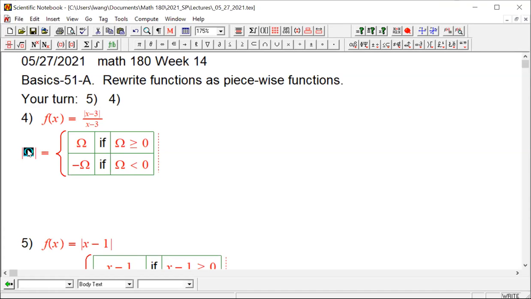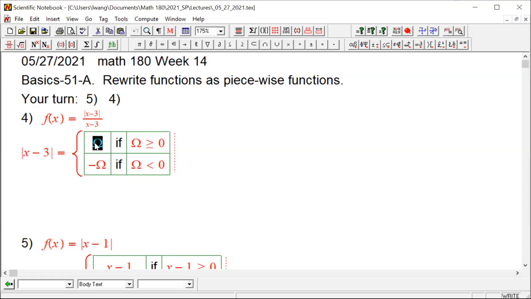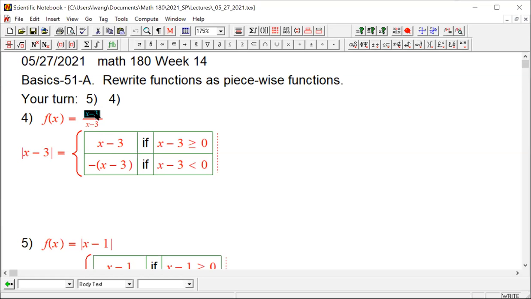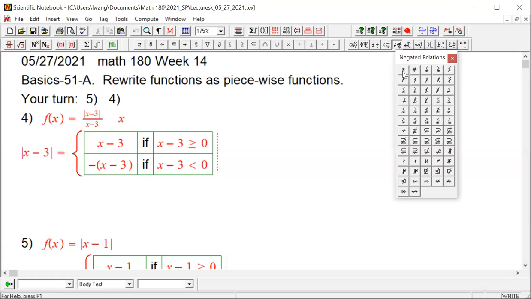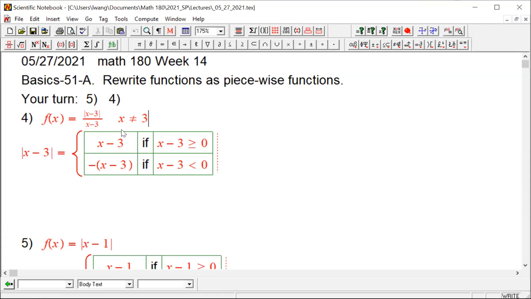So now you have x minus 3, x minus 3, x minus 3, x minus 3, because the only piece that needed the 2 pieces is the numerator. But you also have to be aware of the domain. x cannot be equal to 3. That's the domain.